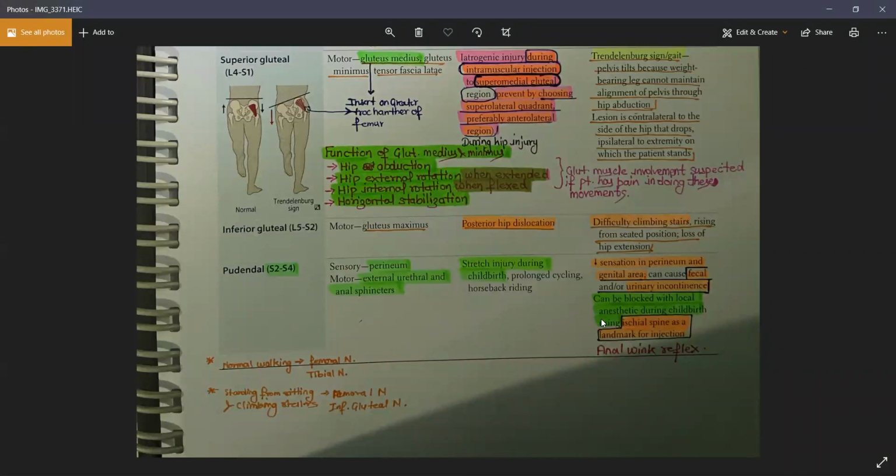You need to identify the landmark, which is the ischial spine tip, and then block the nerve with the help of the local anesthetic. This procedure is known as the pudendal nerve block. Very important. So that would be all about this nerve.